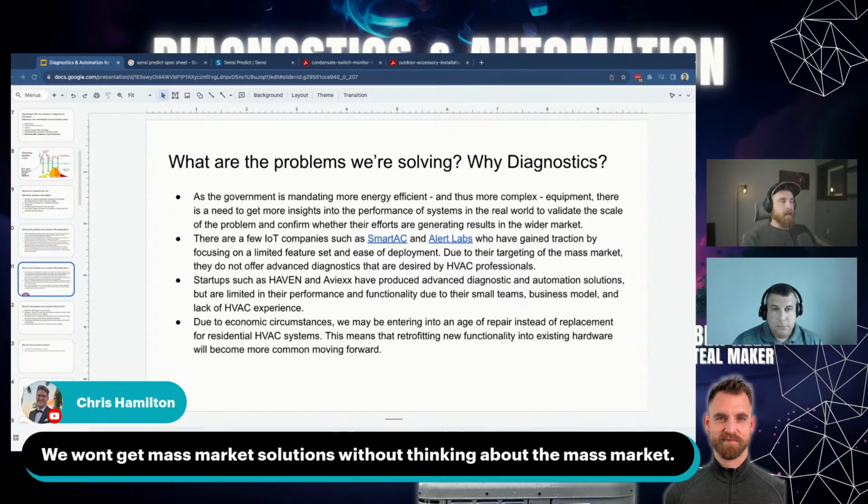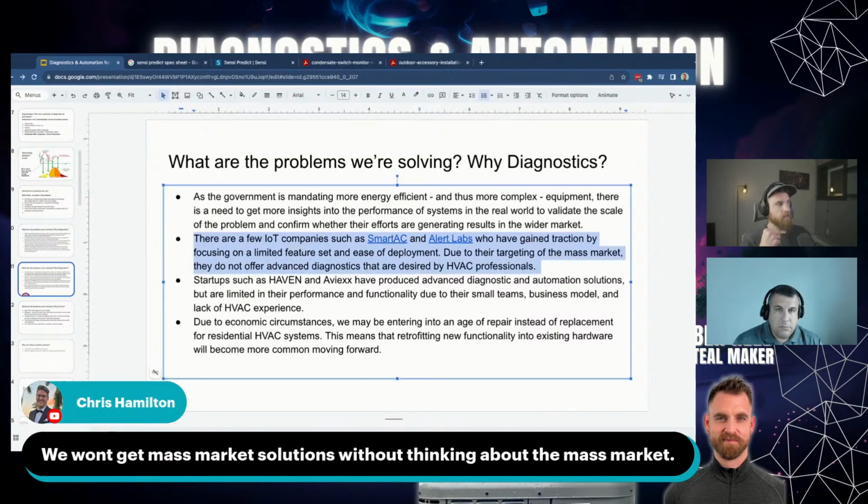That's one of the things I'd love to explore, if we do more of these live streams: are we able to build a community of HVAC nerds who have a goal to help create a mass market solution, but that also has all the advanced features that we want the system to have? And not just advanced features, but some of that openness and interoperability. We'll get to those requirements a little later in the conversation.